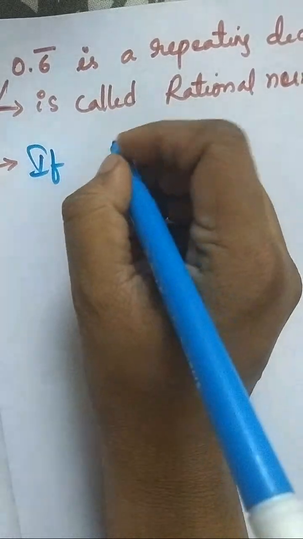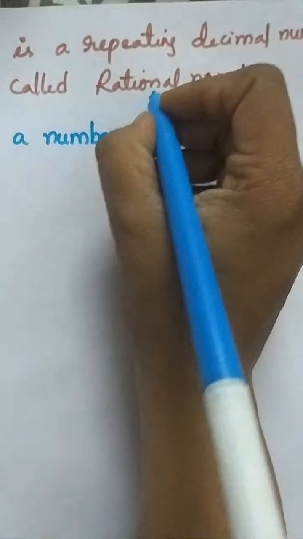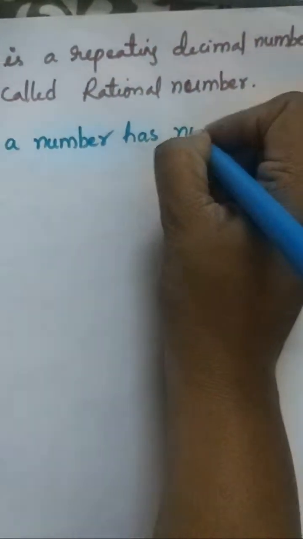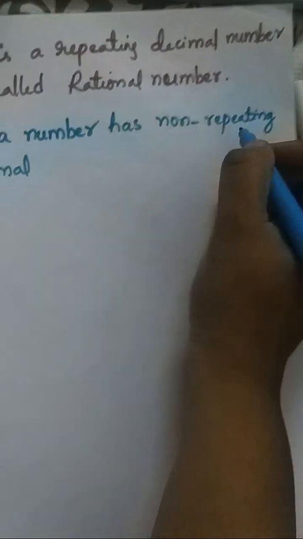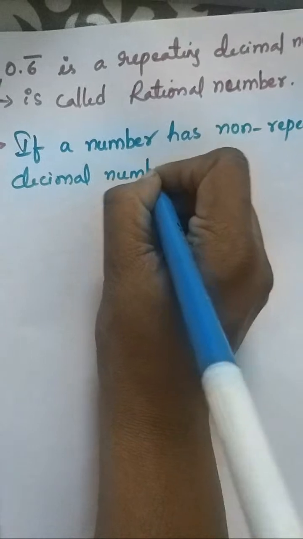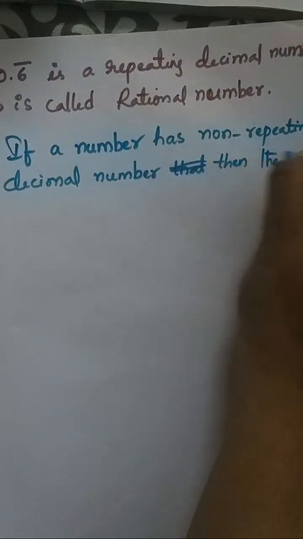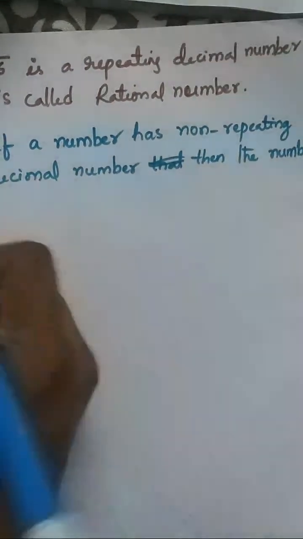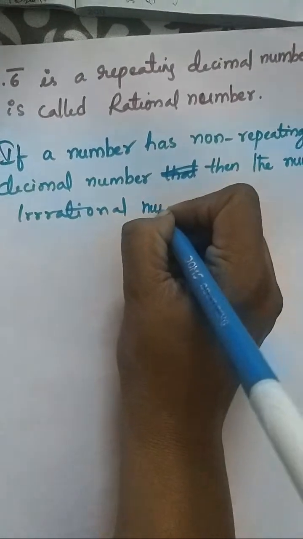Okay, if a number is given, how do you identify an irrational number? It has a non-repeating decimal. If a number has no repeating decimal, then we identify it as an irrational number, because it is a non-repeating decimal number.